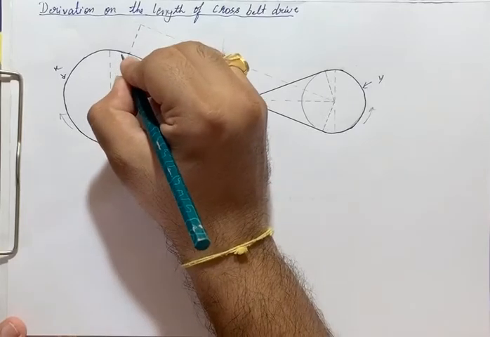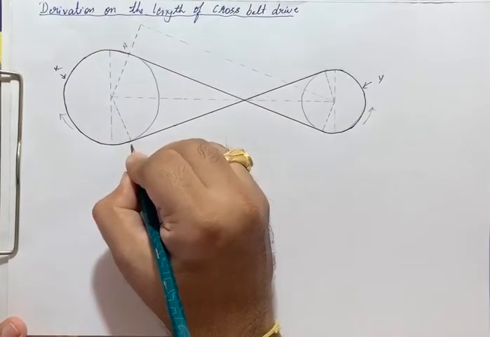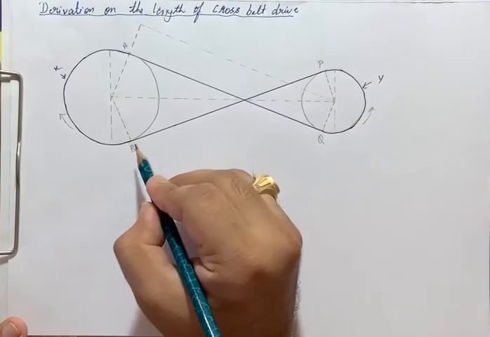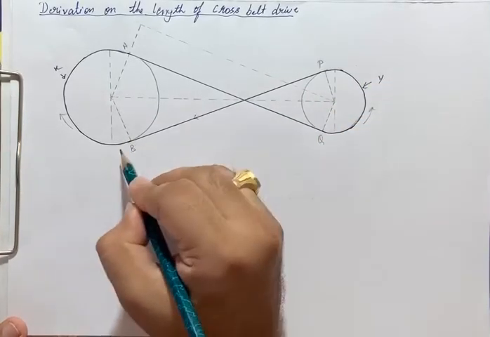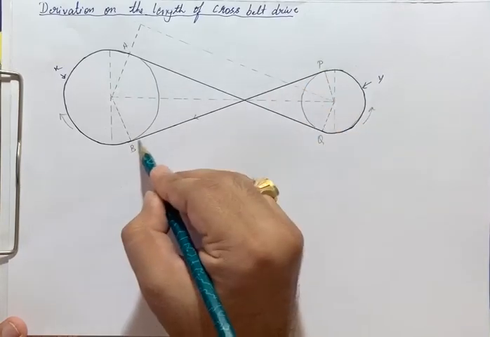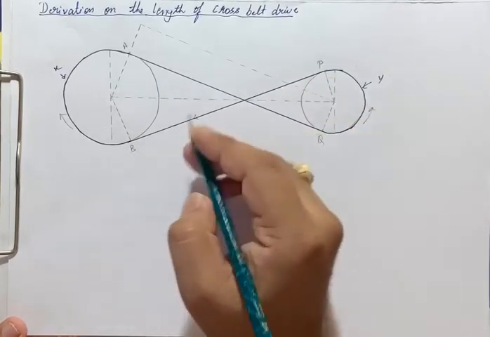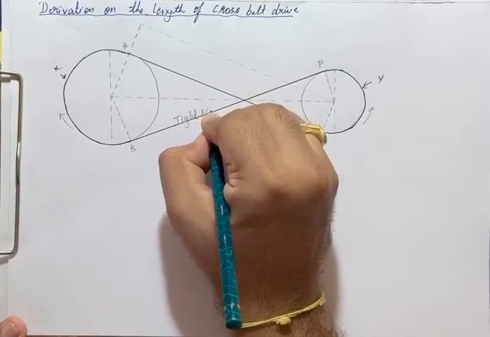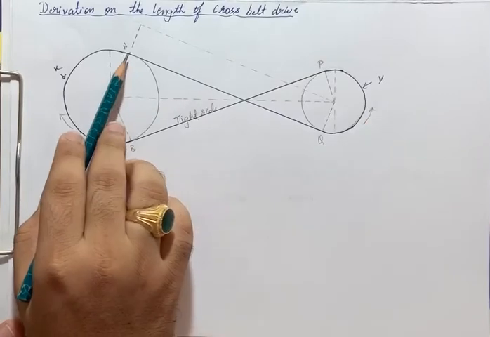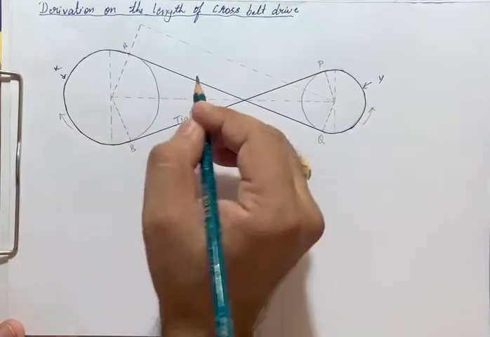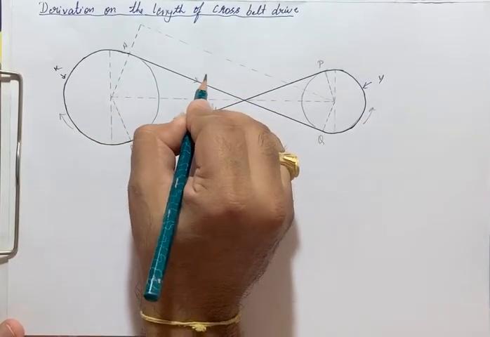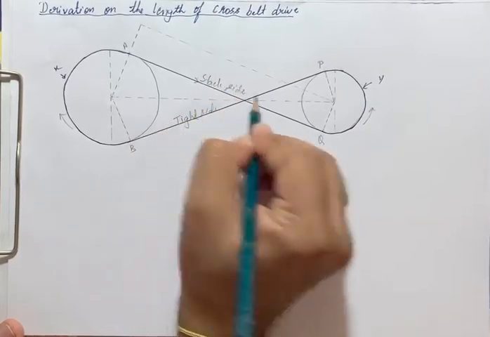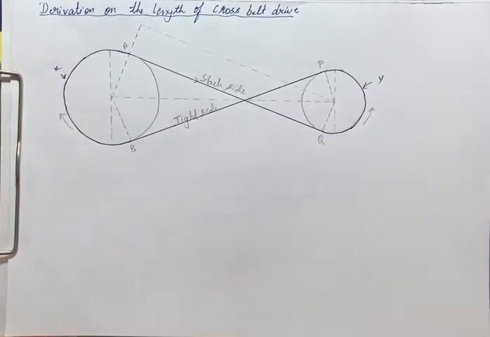Let us name these points A, B, P and Q. If it is rotating clockwise, the PB side becomes the tight side, and the AQ side becomes the slack side.